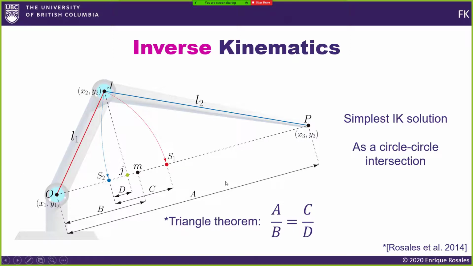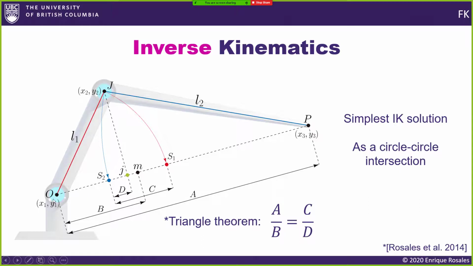So let's see what those distances are. A is the distance between the origin of your kinematic chain, the origin of your entire robotic arm, and the end effector. Do you agree? This is this distance. Then we have S1, which is the intersection between this radius.